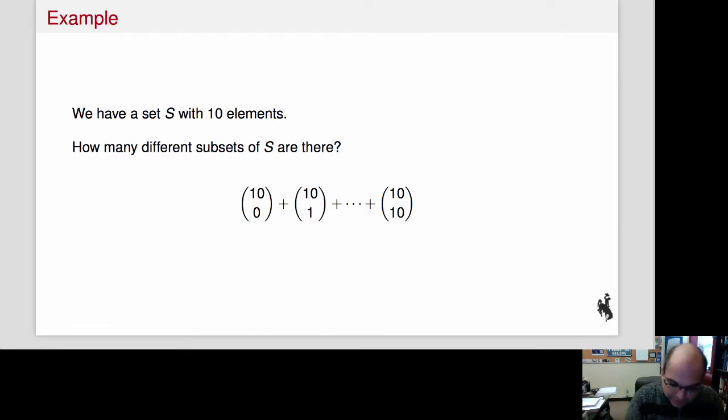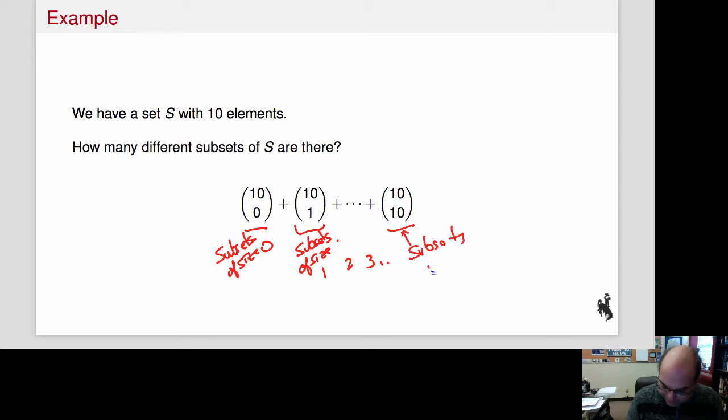So 10 choose 0: this is all of the subsets of size 0, and this is all of the subsets of size 1, and then 2 and 3 and so on until we get to this, which is all of the subsets of size 10. Right? So you see that this also counts the number of subsets. I'm just organizing the count differently.